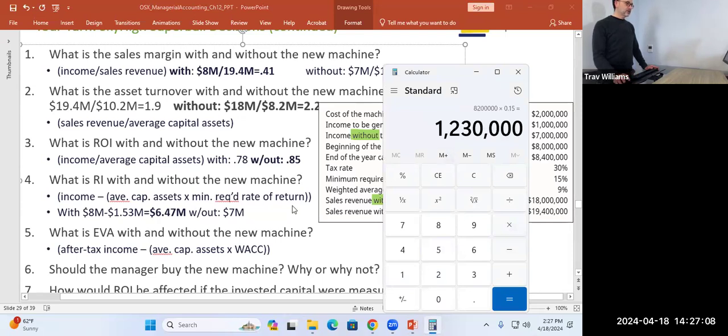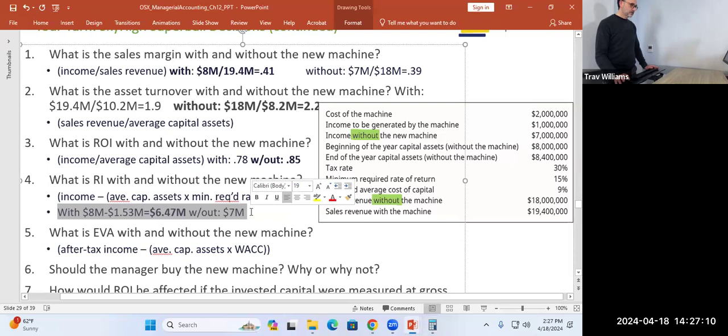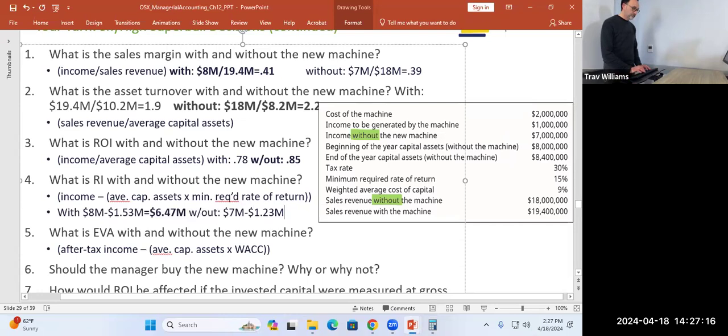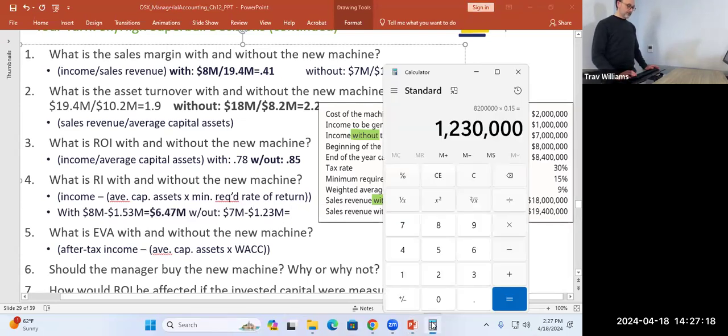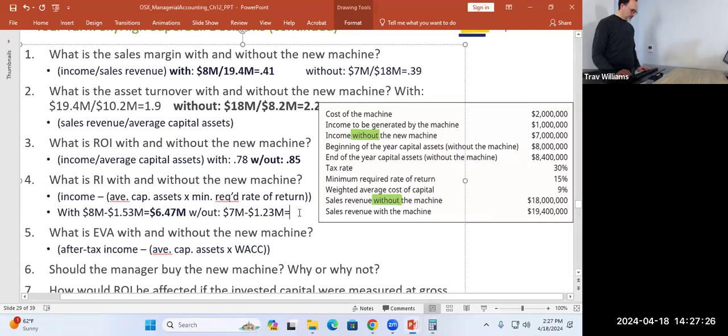So we're subtracting 1,230,000. $5,770,000. So we'll call it 5.77 million. All right. Well, 6.47 million is better than 5.77 million, right? So it looks like for residual income, the machine came out better.